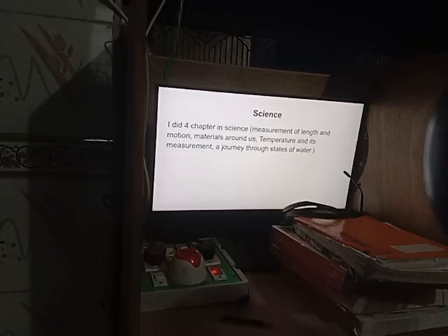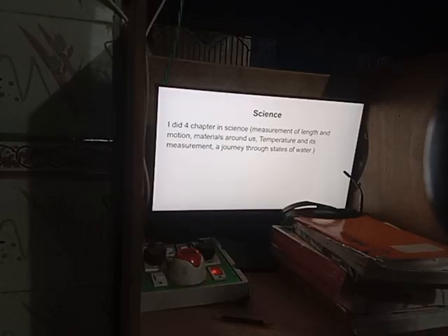And circular motion. Circular motion means something which is moving in a round. An example is a fan. The fan is moving round.